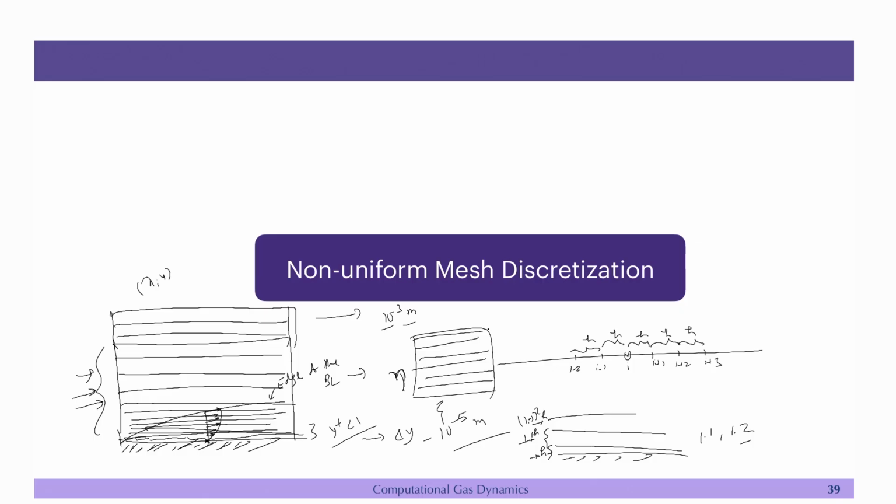But then zeta and eta are related to x and y by some Jacobian J, which takes the derivative of the distances x, y with respect to zeta, eta. That is another approach, but right now just look at how we can calculate the derivative if the mesh is non-uniform.